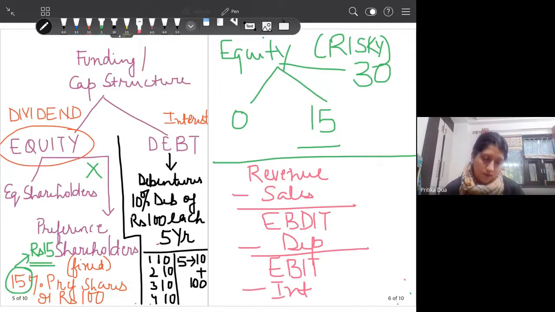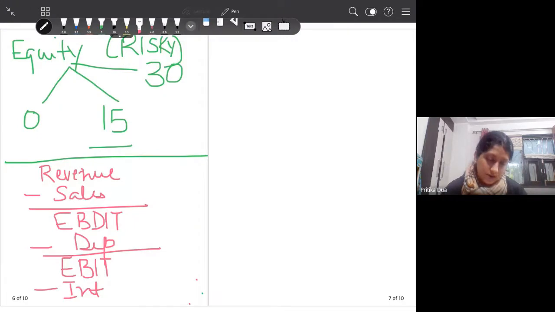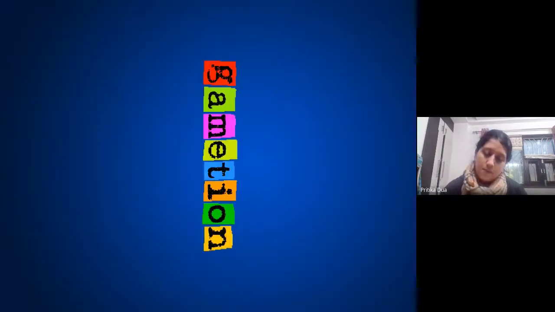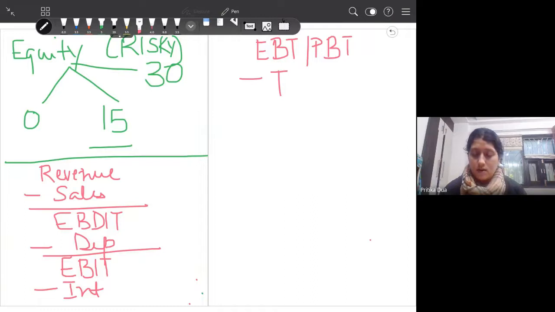Okay, so from the earnings before interest and taxes, we have reduced interest and we get the earnings before taxes, sorry, the profit before tax. Minus tax will give you profit after tax.